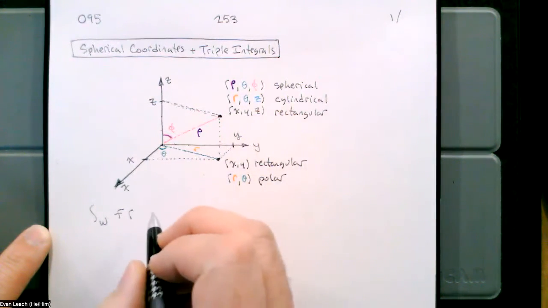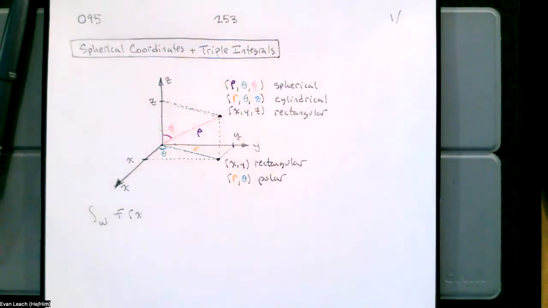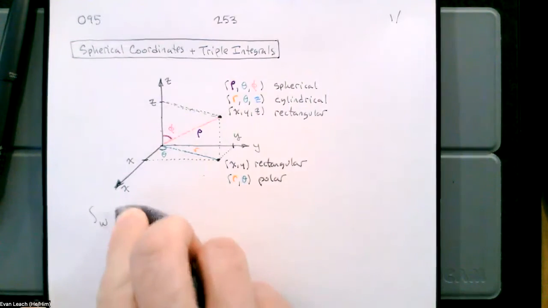Actually, I'm just going to do this from the volume of W perspective, so I don't have to worry about my notation as much.